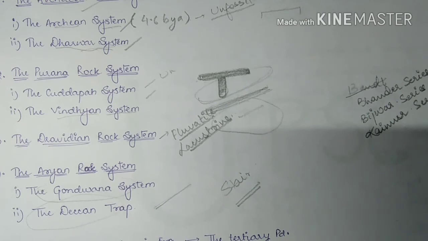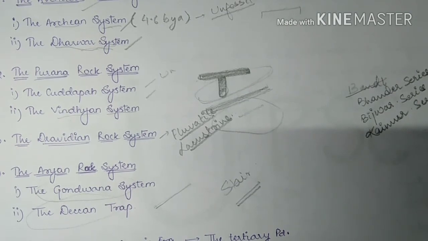Now, if we talk about the recent times, we have Cenozoic era. Cenozoic means the recent life, and it starts from 65 million years ago. The Cenozoic era has two periods. First is the Tertiary period, and second is Quaternary period.